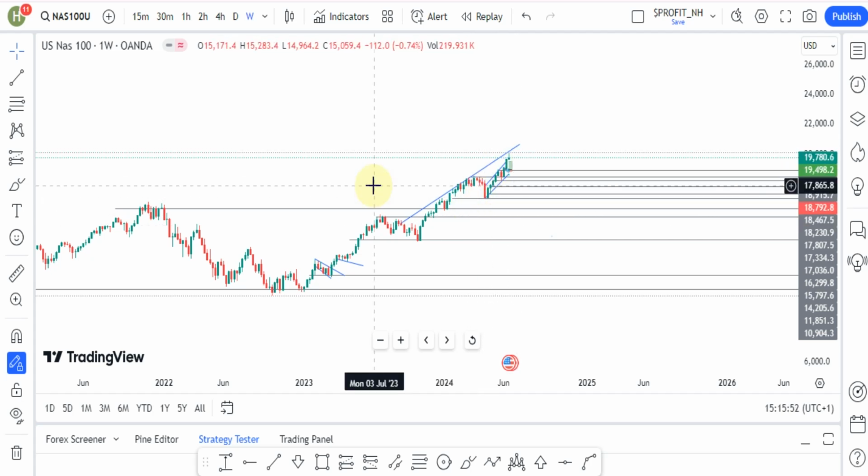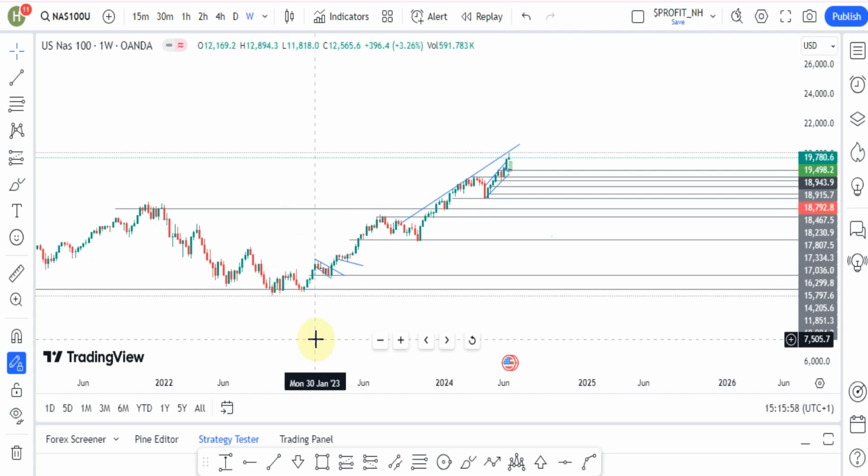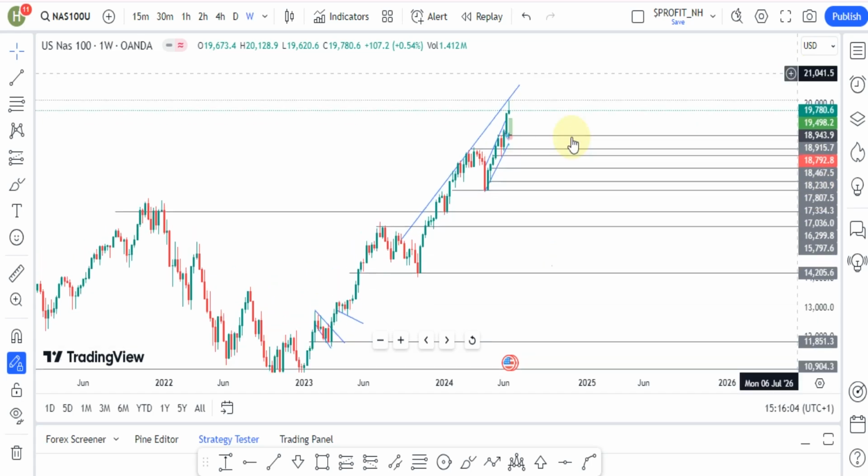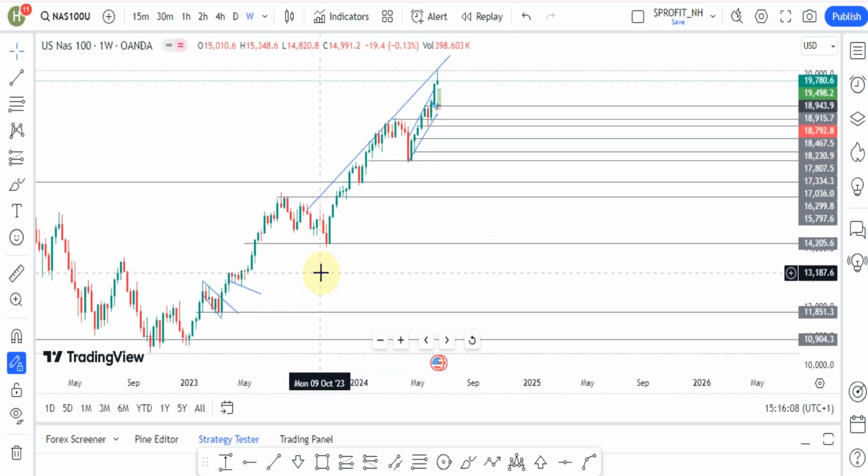So which means this market has been on an uptrend all the way from 2023 up to this point right now. And again, if you look at this market at this point, we've seen that it's giving us these higher highs and higher lows, showing us that the market is still pushing upwards.